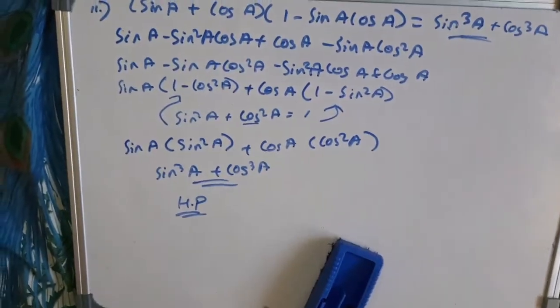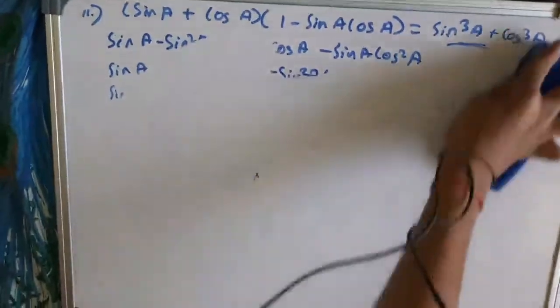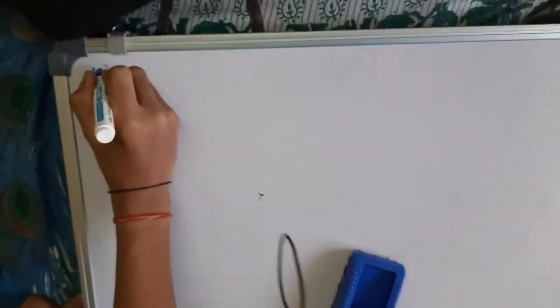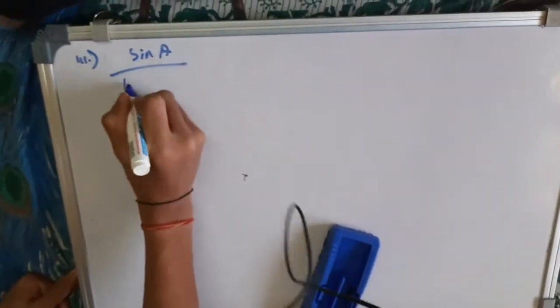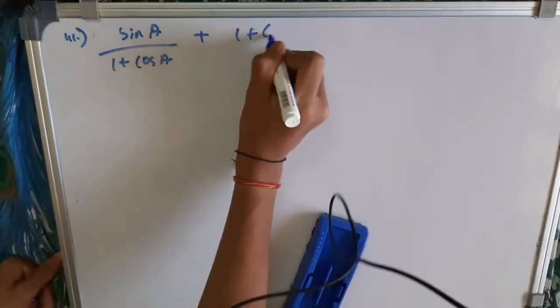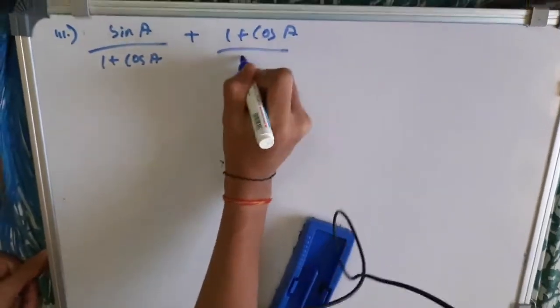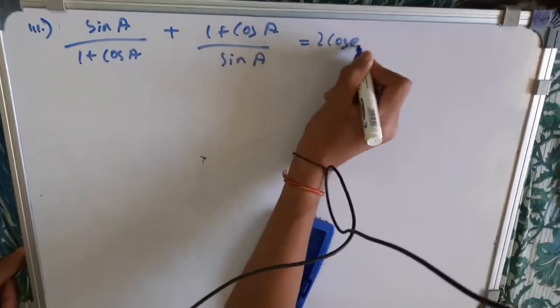So now we would move on to the next question. Our next question is sin a upon 1 plus cos a plus 1 plus cos a upon sin a equals 2 cosec a.